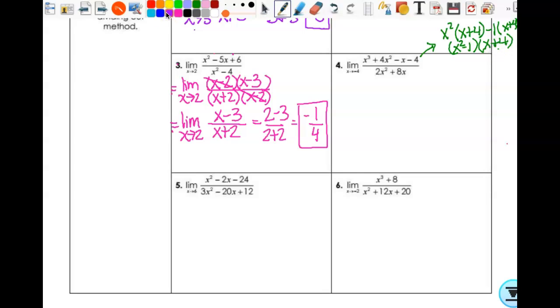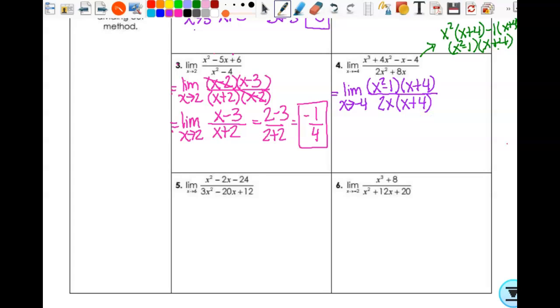And then now I can say, all right, so that means that the limit as x approaches negative 4 of x squared minus 1 times x plus 4. And then the denominator. Still learning, huh? Still learning. School's not over. All right, so then the denominator, I have 2x times x plus 4, right?